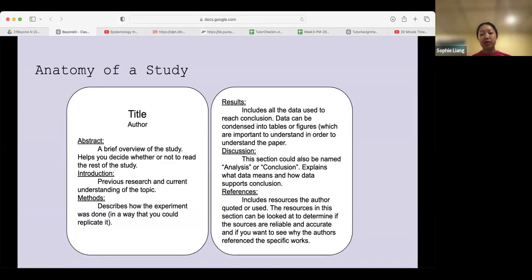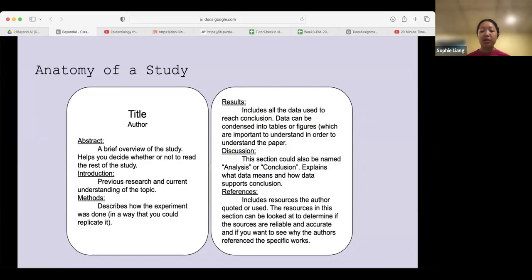And then you have a method section, which describes how the experiment was done, and it should be detailed enough that you could replicate and copy the experiment to do it again if you wanted to.